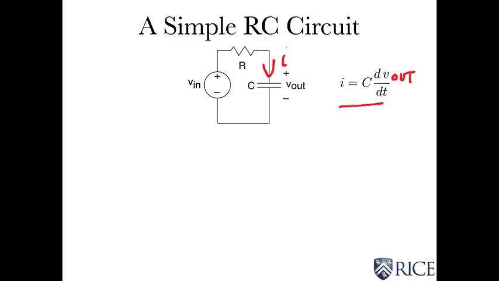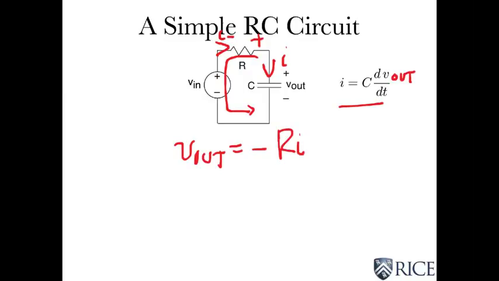So what I'm going to do is write KVL. I'm going to start here and go around like this. And we know from KCL that the current through the resistor is also I. So when I write the KVL equation, V out is equal to, well, I want to go plus to minus this way, and that's voltage in that direction is minus Ri.